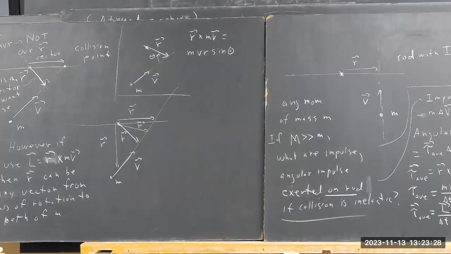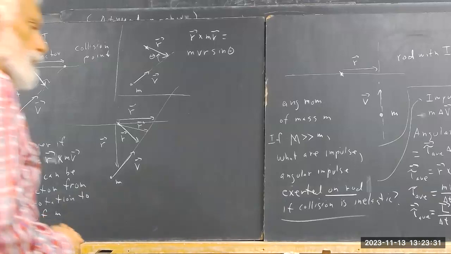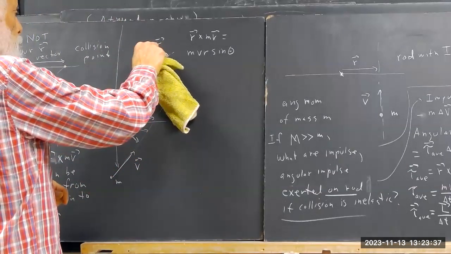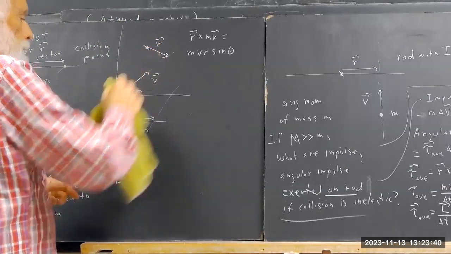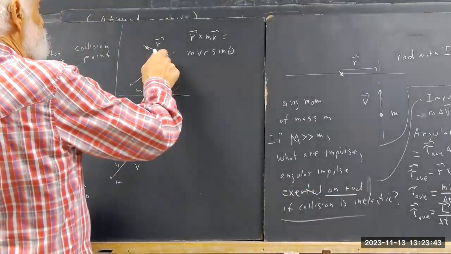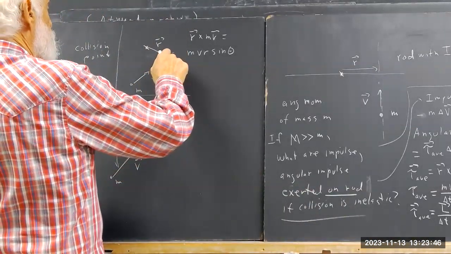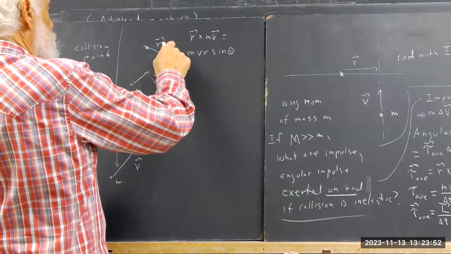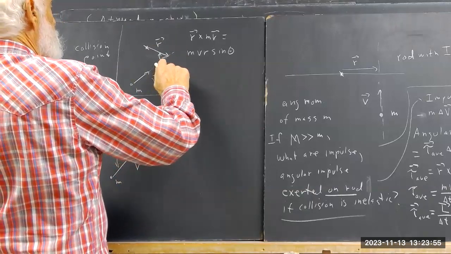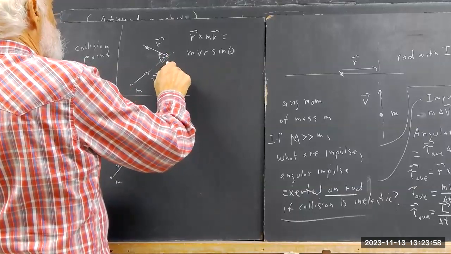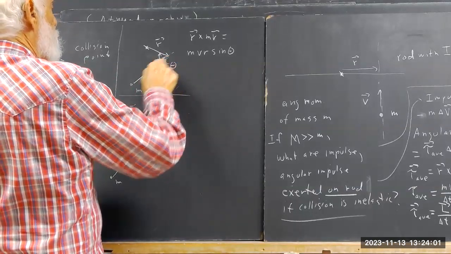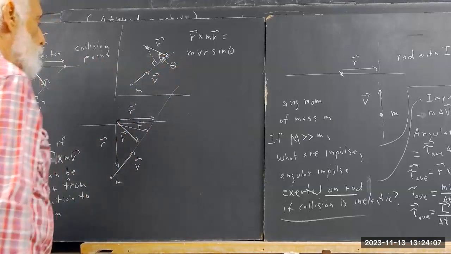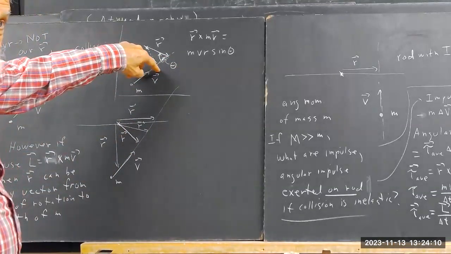Okay. Now I was a little clumsy when I labeled theta the way I did. What I'm going to do is, this angle's still theta, but I don't want to put the label where I did. There's your angle theta. What I do is I draw a perpendicular from this point down to the path of V.